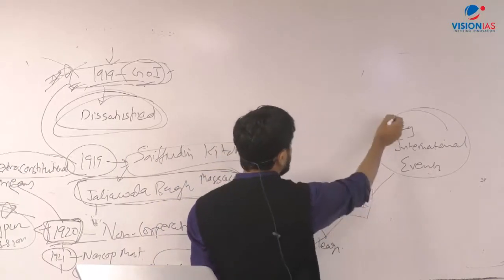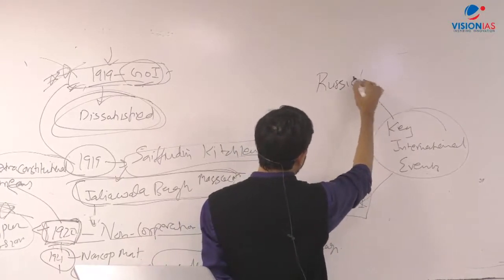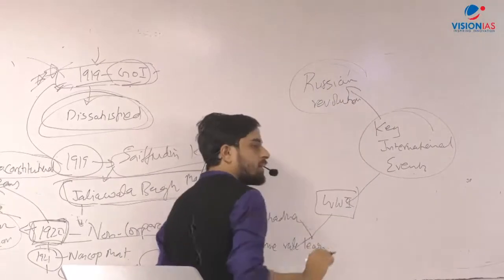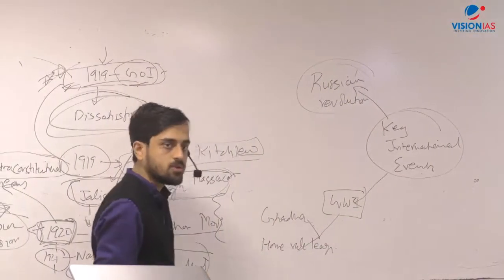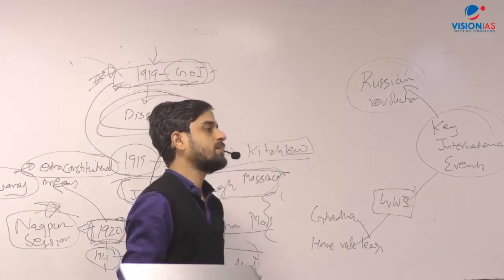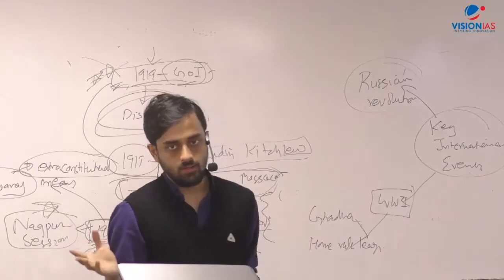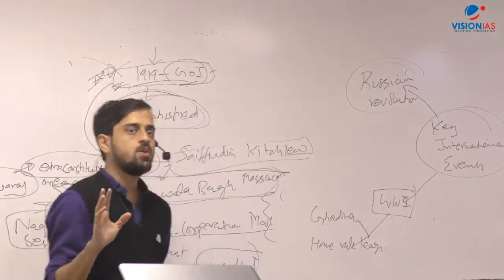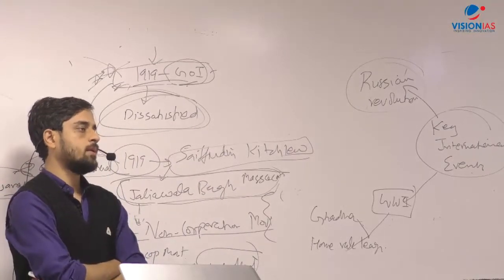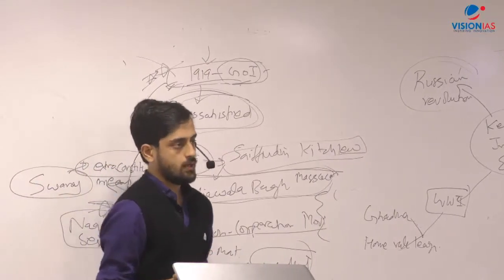Then the next thing that you will write about is what the Russian Revolution was. I am telling you very briefly, okay? Because obviously we'll discuss this maybe in world history later. So basically the Russian Revolution was, look, in Russia there used to be a monarchy, okay? And this monarchy in Russia was overthrown by Lenin and Trotsky.